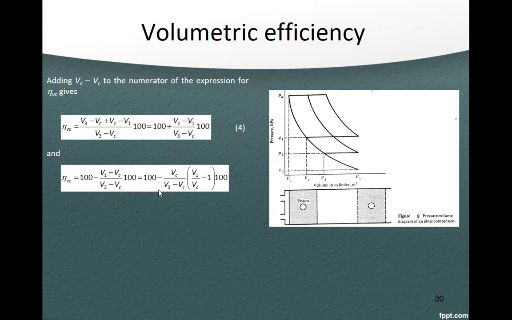So magiging 100 minus, so ito the same. So yan. Ito na. Natin, VC over V3 minus VC times V1 over VC minus 1, times 100. Tama. Ito pala binaligtad. So yan. Para maging pumasok to. Okay.